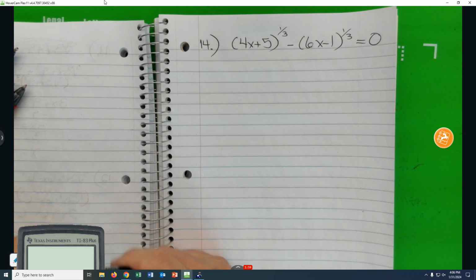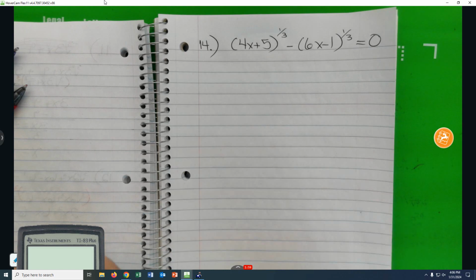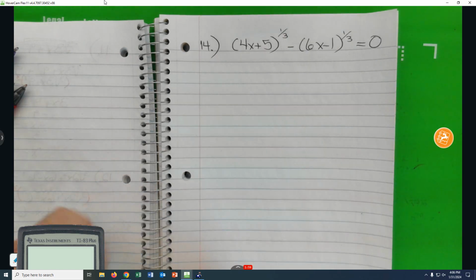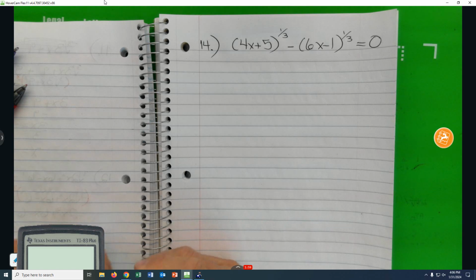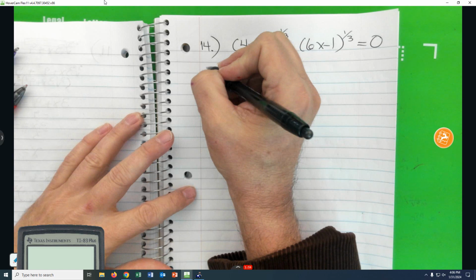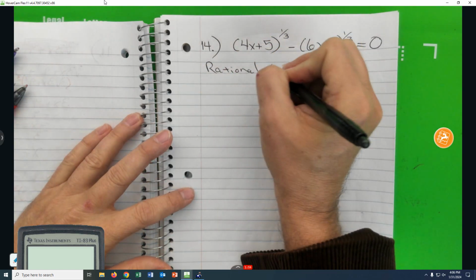What does a fractional exponent mean? An exponent of 7 means you multiply the same thing 7 times. An exponent of 3 means you multiply the same thing 3 times. But 1/3 is not a counting number. You can't say we're going to multiply this stuff 1/3 times. For a rational exponent, remember, rational means fraction.